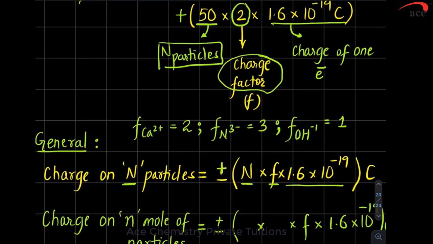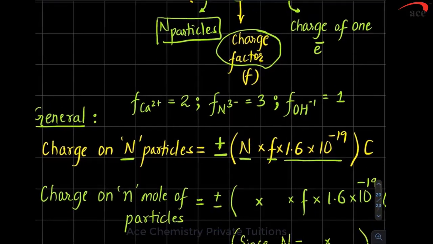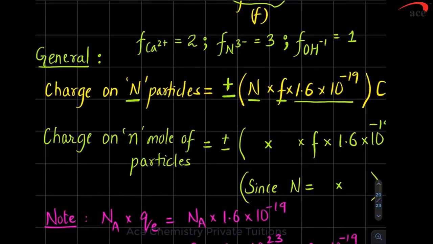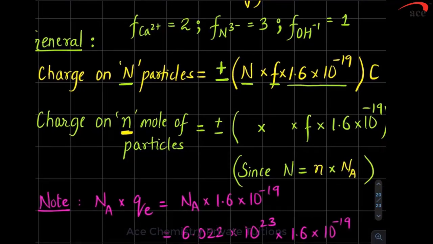If it is a positive ion, then plus. If it is a negative ion, then minus. But now, instead of dealing with n particles, if you are dealing with n moles, then what is the formula? N moles has how many particles? N moles has n multiplied by Avogadro number of particles.